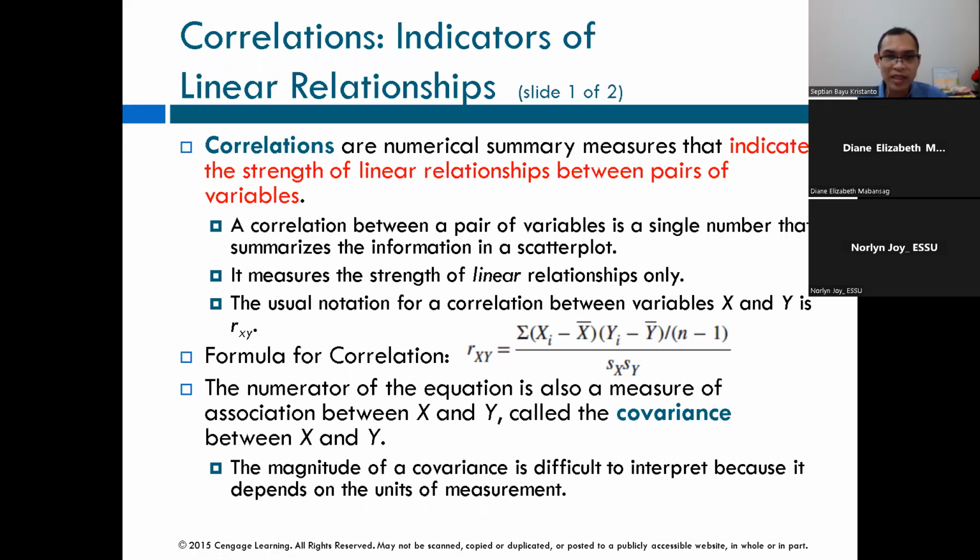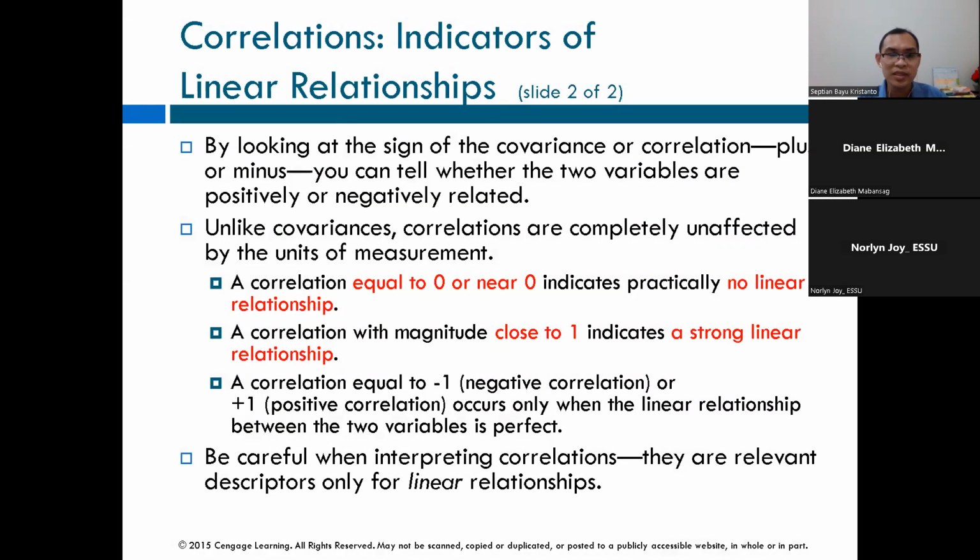That is why we need correlation to measure the strength of the data. Correlation is a score that indicates the strength of the linear relationship between a pair of variables, between your x and y axis. The strength of your variables is measured between 0 and 1. That is the range of our correlation score. If your score is equal to 0 or near 0, it is practically considered no linear relationship.